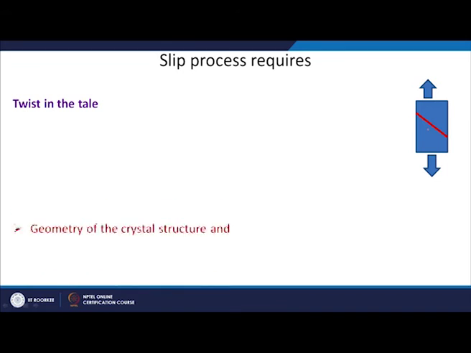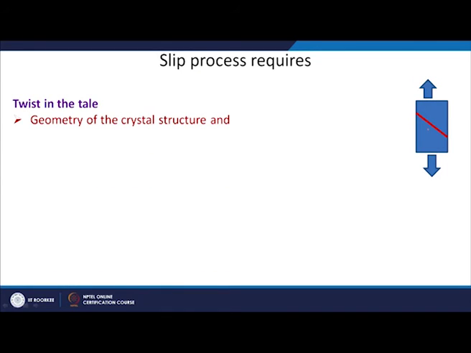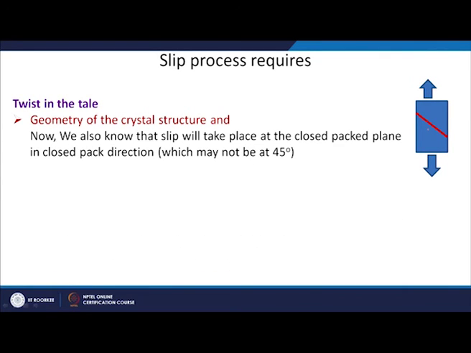The twist in the tail, okay, is the geometry of the crystal structure. We also know that slip will take place at the close pack plane in the close pack direction, which may not be at 45°. If you look at it as a continuum system which does not have these atoms, then this analysis actually tells you at 45° you should get the slip process.